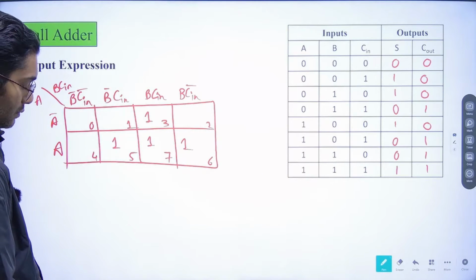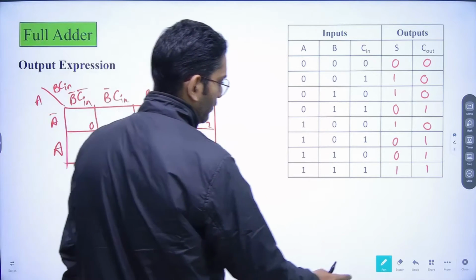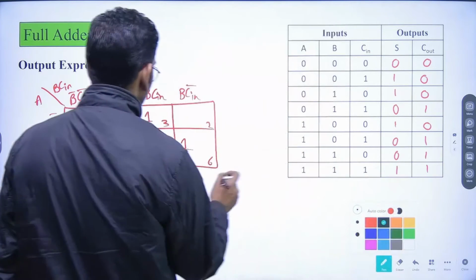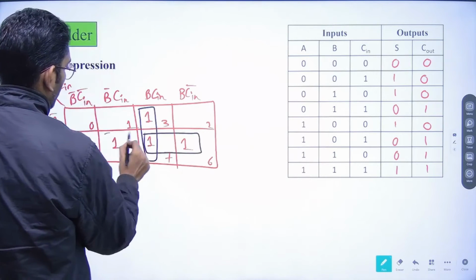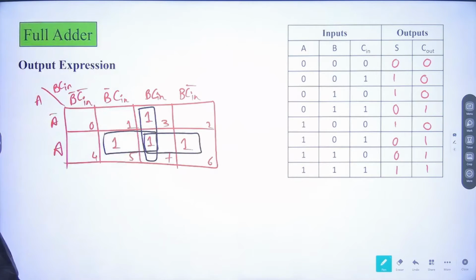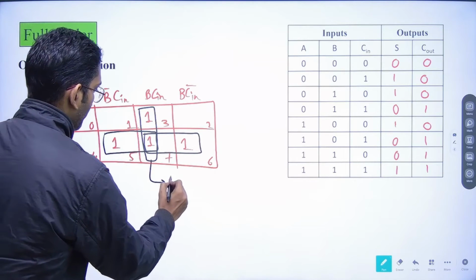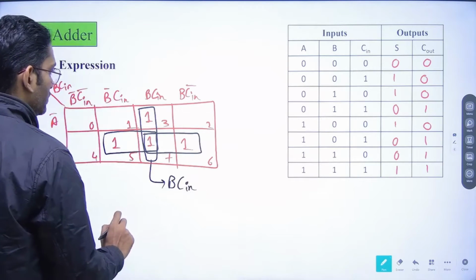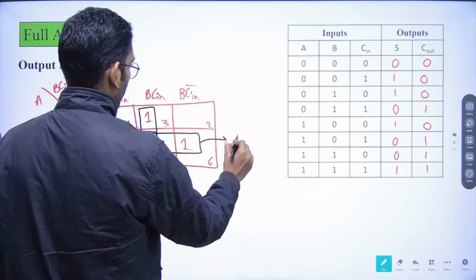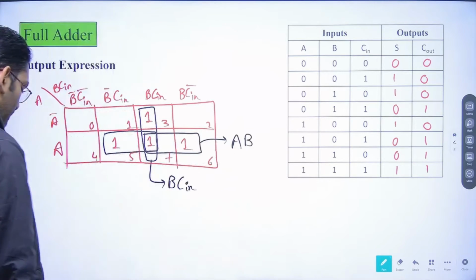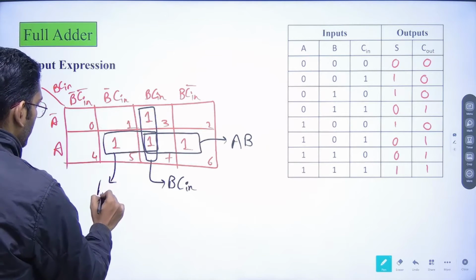Now we have to make the pairing. First pair is this, next pair is this, and the third pair is this pair. For this, we would be getting B, C in. For this, we would be getting A, B. And for this, we would be getting A and C in.